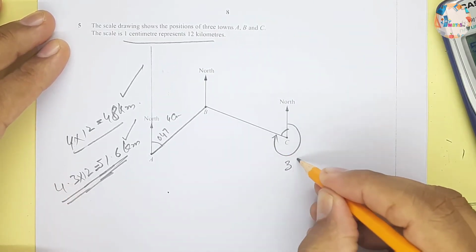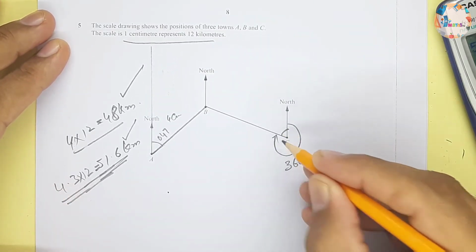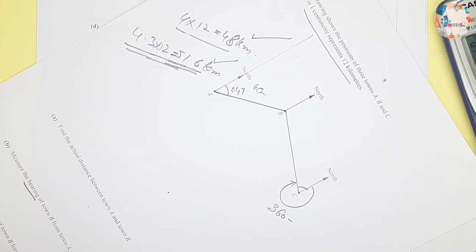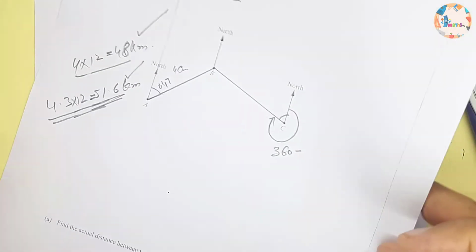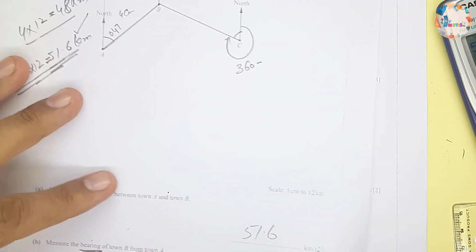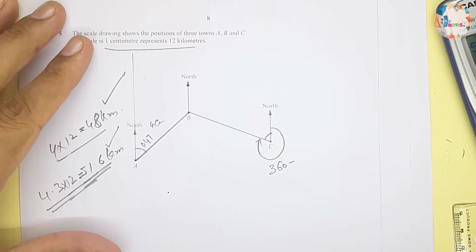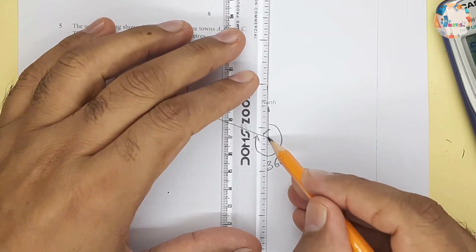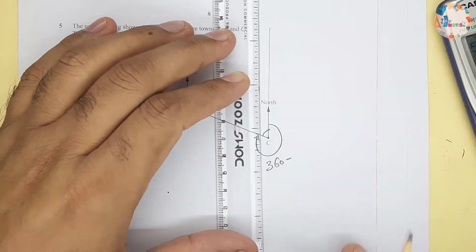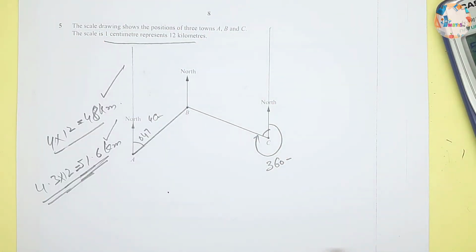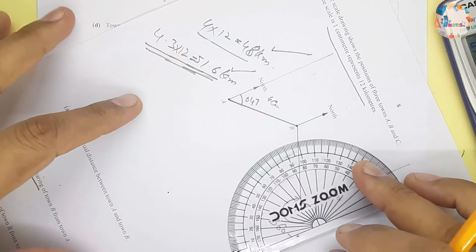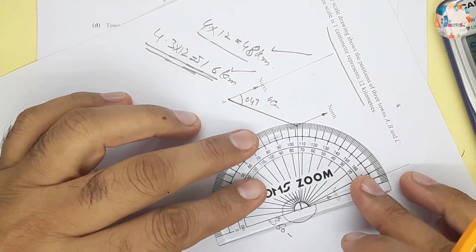So we'll write 360 minus this angle, and how much is this angle? We will measure this, again we have to extend basically. So to extend that one, first we extend this north, and with the dim line we can extend this, and now we can measure this angle, and this will be measured over here.